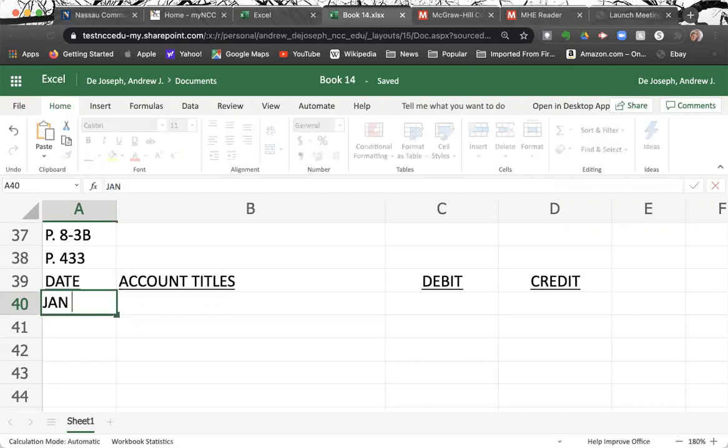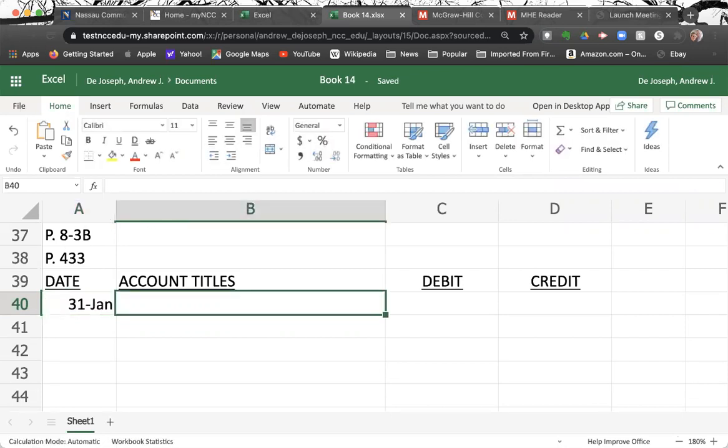So these entries are going to be made on January 31st. And there's 3 entries we're going to make. The employee entry, which is the gross pay minus the withholdings. The second entry for the fringe benefits. And the third entry for the payroll taxes.